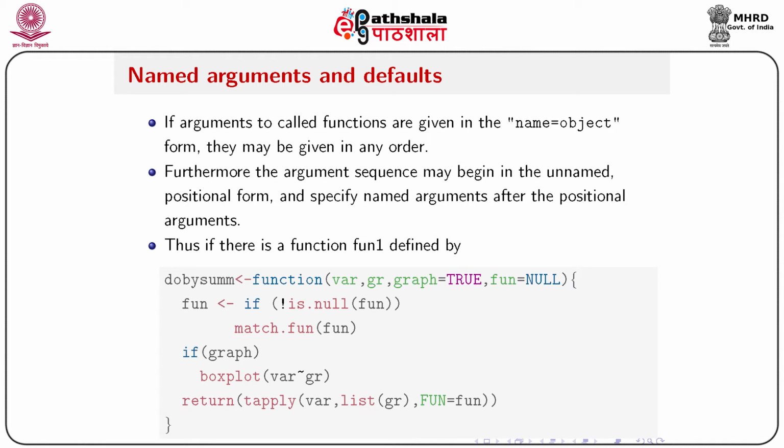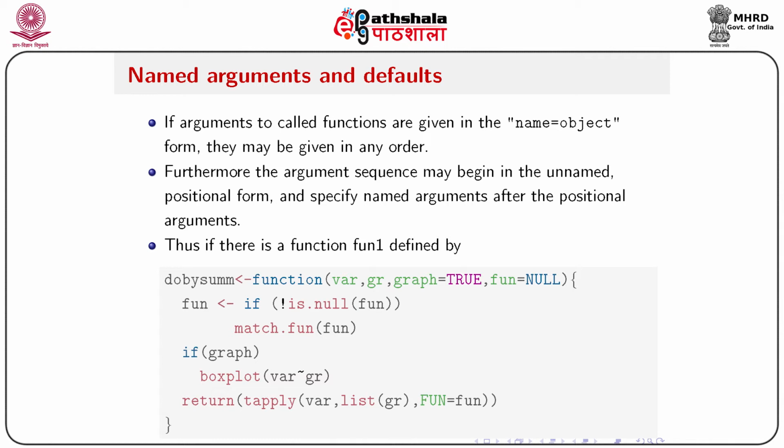Thus, if there is a function, say fun1, defined by, suppose doBy is one function that I am using here, the doBy sum function, with variable, graph and group arguments, then graph equals TRUE and fun equals NULL. Now, if fun is not equal to NULL, then match.fun function fun.